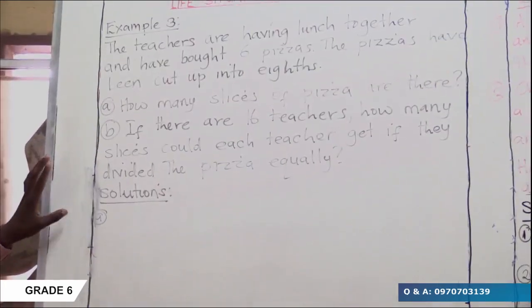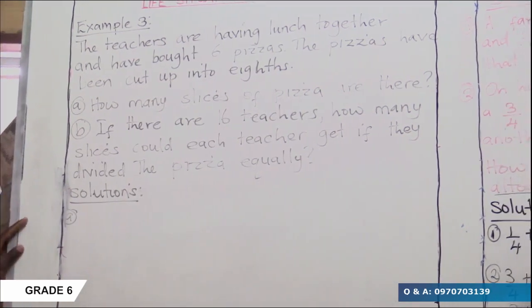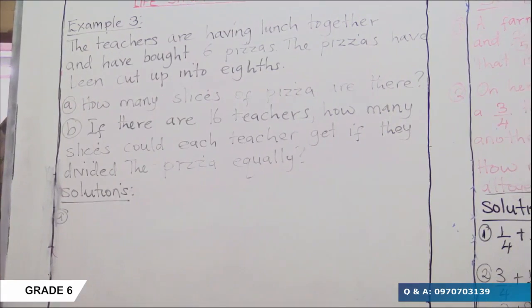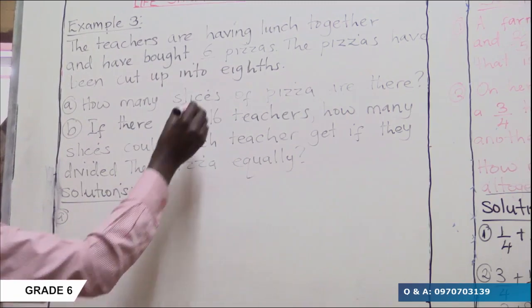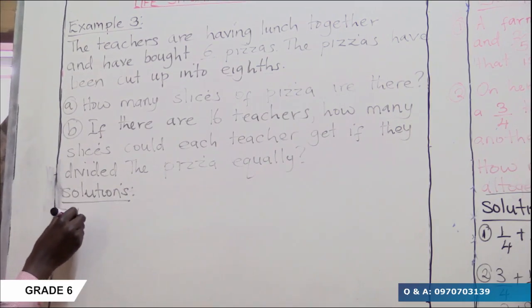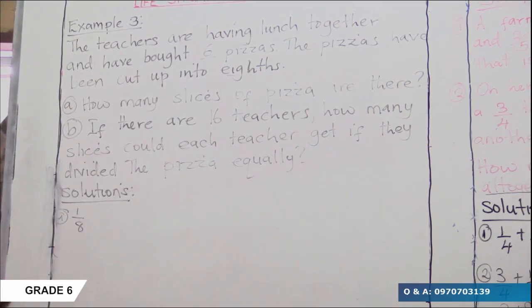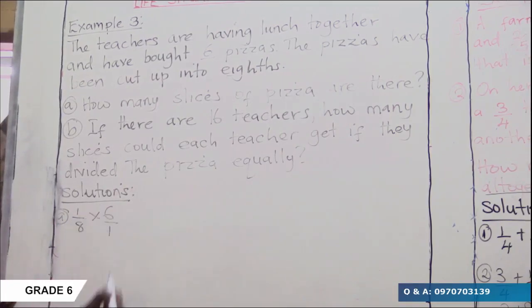For us to find the total number of slices that are there, we are going to multiply 6 times 8. 8 there talks of 1 over 8 times 6. 6 there is 6 over 1.